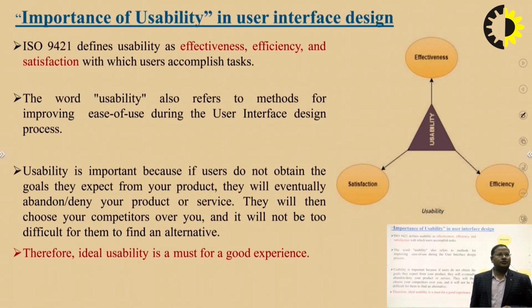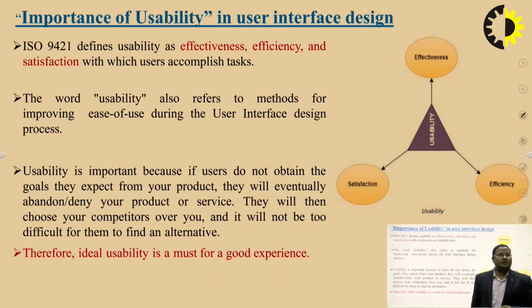Importance of usability in user interface design. ISO 9241 defines usability as effectiveness, efficiency, and satisfaction with which users accomplish tasks. The word usability also refers to methods for improving ease of use during the user interface design process.